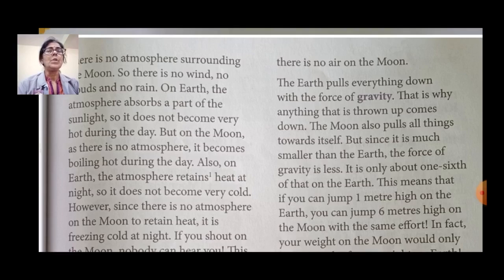The earth pulls everything down with the force of gravity. See children, you all know that earth has a gravitational force, right? And gravity attracts everything towards it, right? That is why anything that is thrown up comes down. Now if we throw a ball up, it will come down, right?